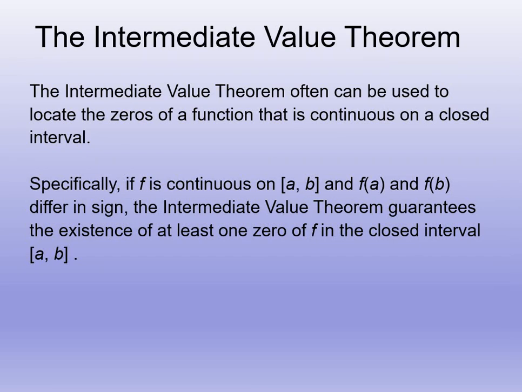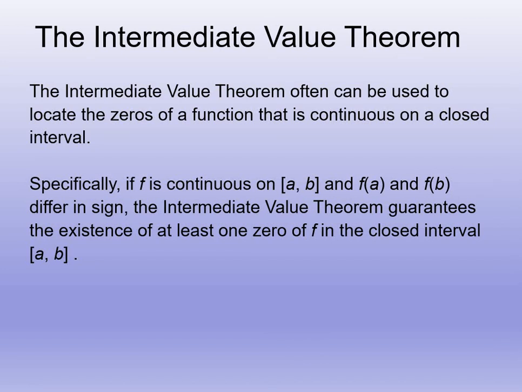So when do we use the intermediate value theorem? We can use it to determine the location of zeros, or that a zero of a function does exist. We're going to do an example of that in a second, but if f is continuous on the closed interval a to b, and f of a and f of b differ in sign, the intermediate value theorem guarantees the existence of at least one zero. So there's a sign change.